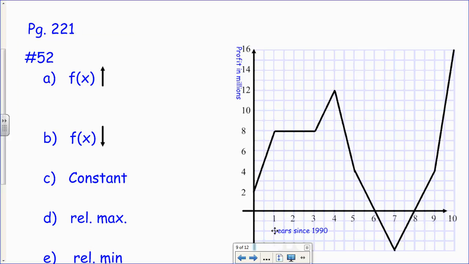This says years since 1990 on X. This is the profit in millions on Y. We are going to say that this is an endpoint and not an arrow, so this graph is just analyzed for 10 years.